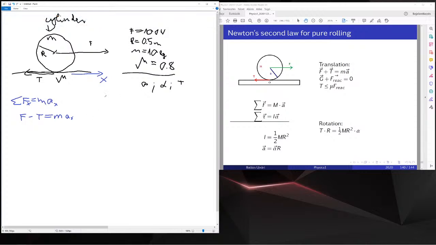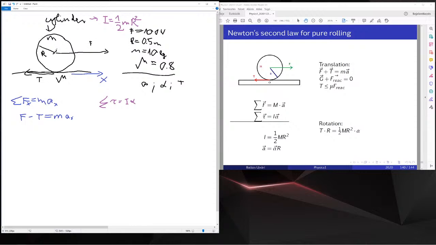What about rotation? For rotation, we know that the sum of the torque will rotate the body via the moment of inertia. But if this is a cylinder, this moment of inertia means 1 over 2 mr square. What are the torques?